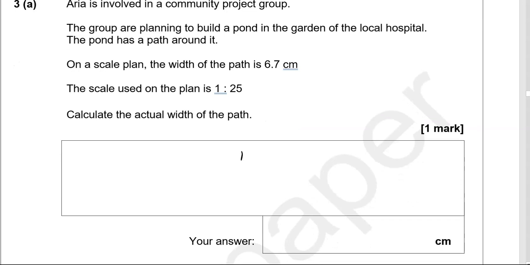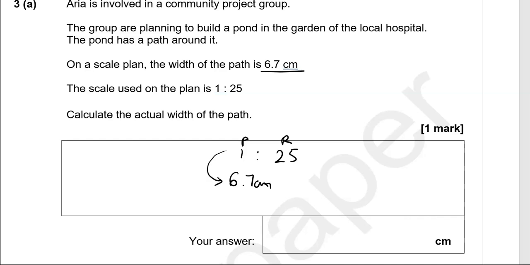So the scale is 1 to 25, where 1 is for the plan and 25 is in reality or on the ground. Now, the width of the path on the plan is 6.7. So what will it be in reality?